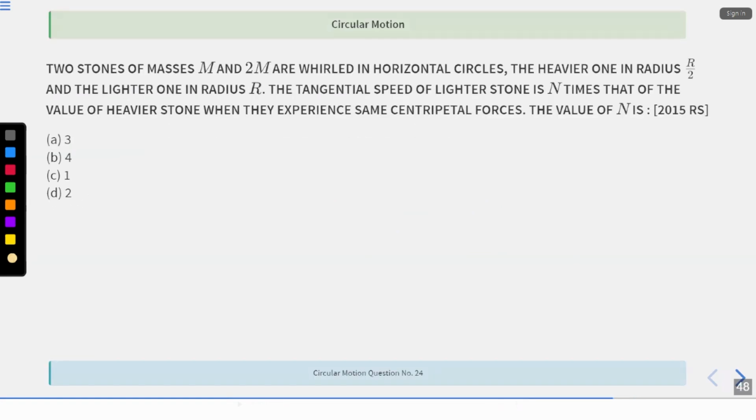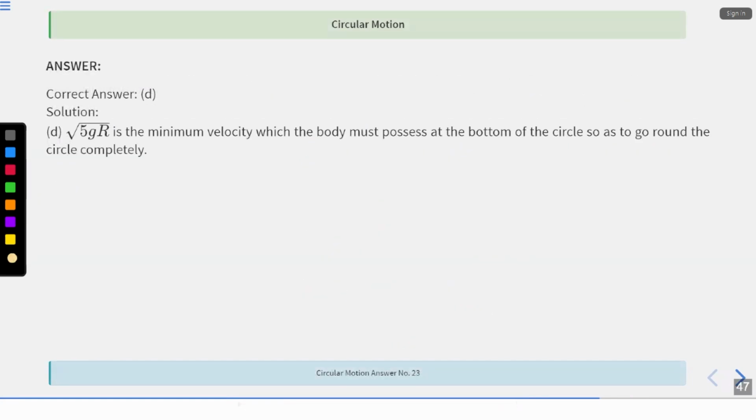So there is a derivation for this question. So this is the string, this is the body. Let's just say we give it a velocity u. At the top point, we are considering tension is equal to 0.